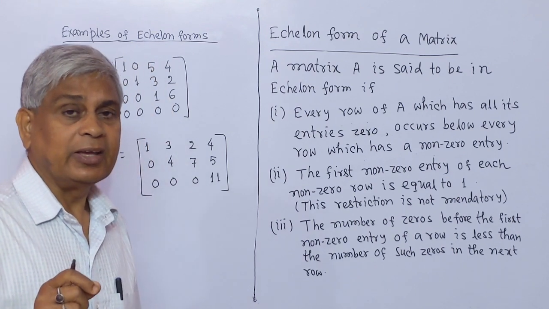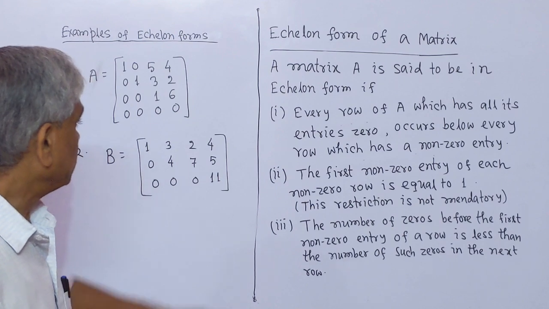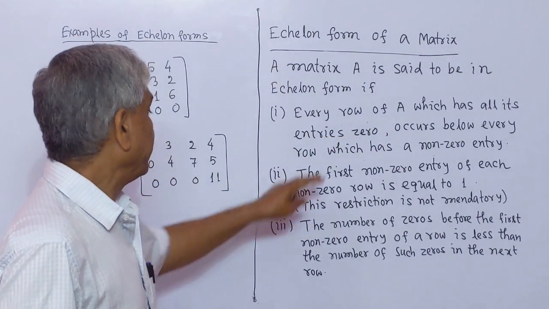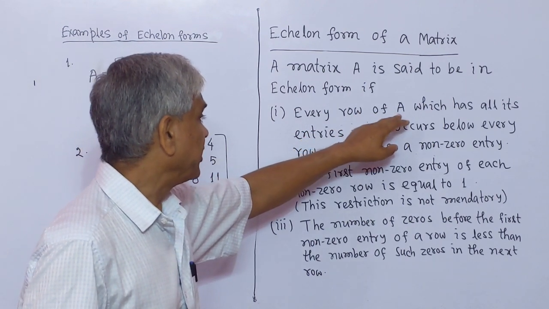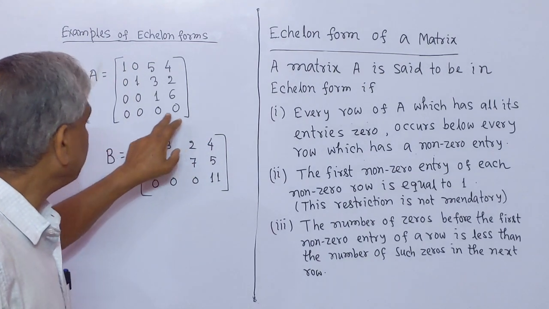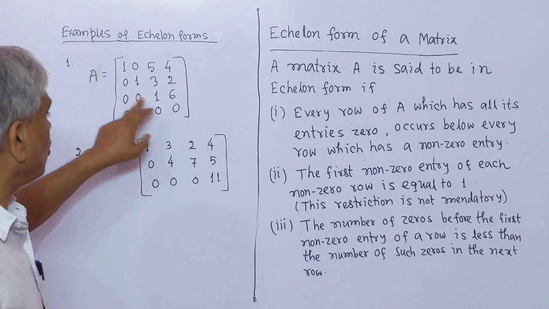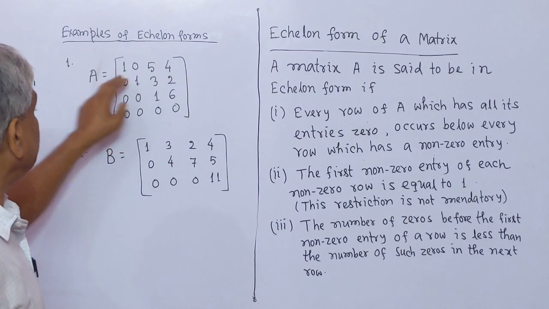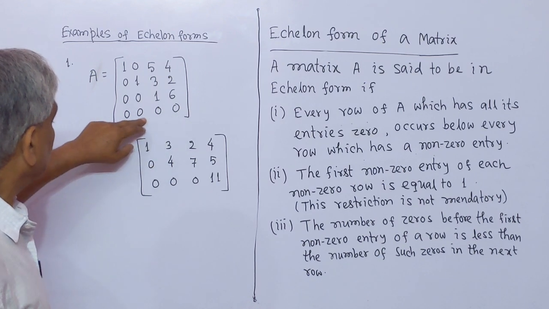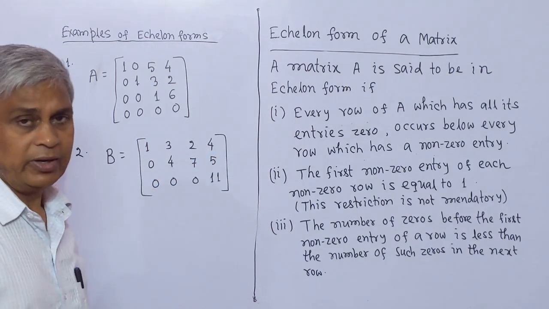A zero row is a row in which all entries are 0. So in the first point, it is given that every row of matrix A which has all its entries 0 occurs below every row which has a non-zero entry. So here the zero row occurs below all non-zero rows. This is number 1.